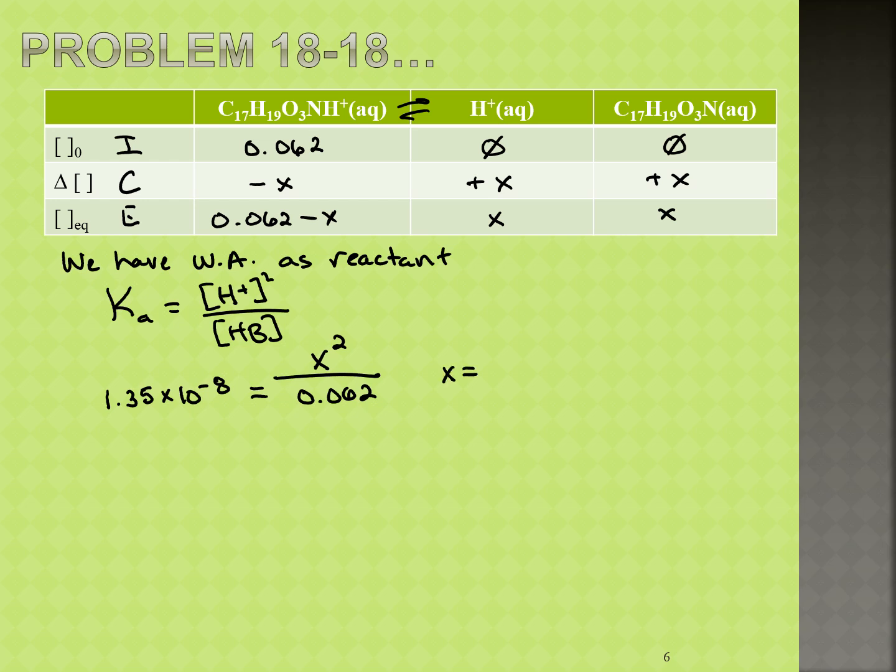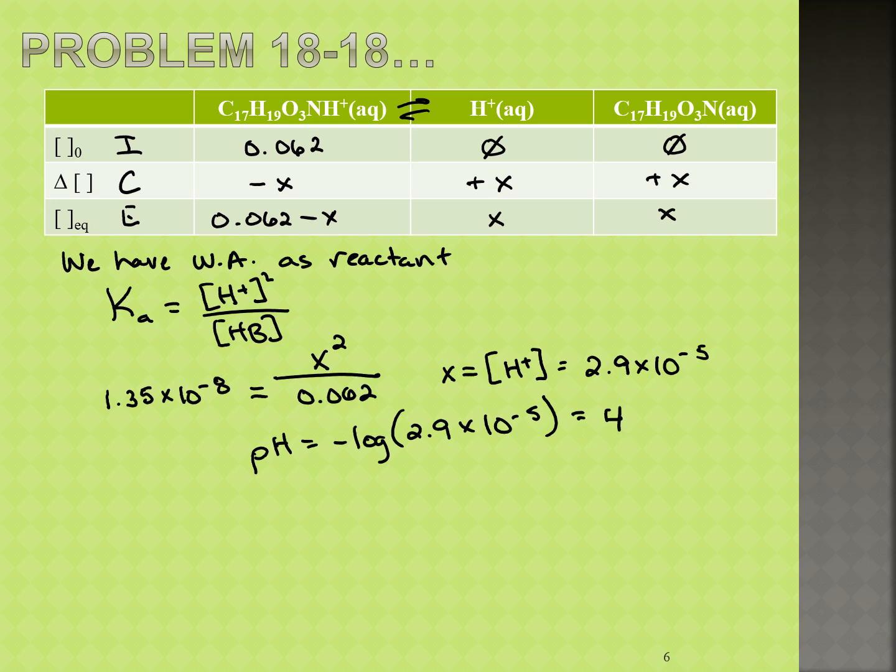And so my X, which is equal to our H plus, is 2.9 times 10 to the minus 5th. And finally then the pH is the negative log of the 2.9 times 10 to the minus 5th, 4.54.